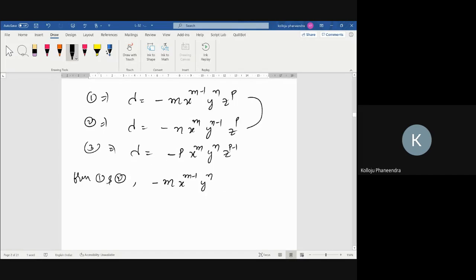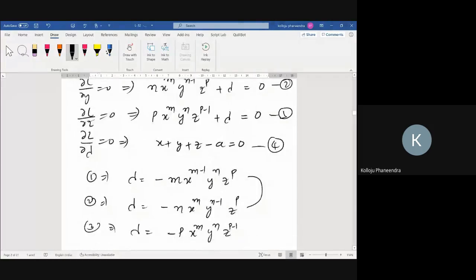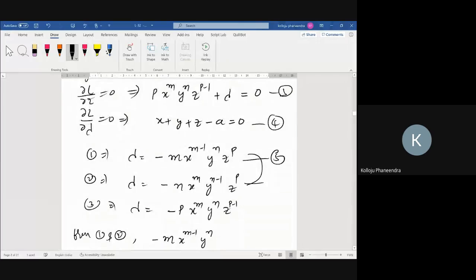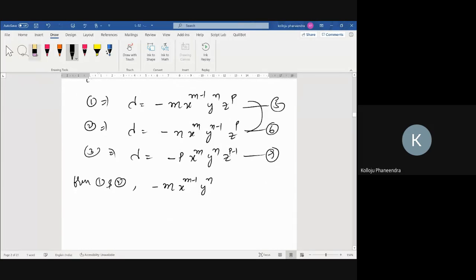If I take 1 by 2, what will happen? Let me take 1 divided by 2.